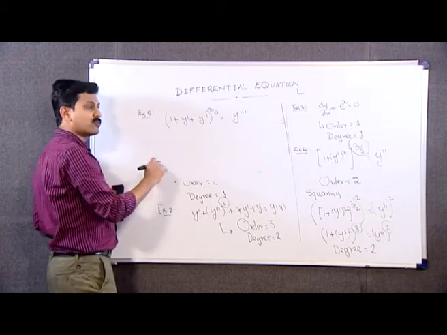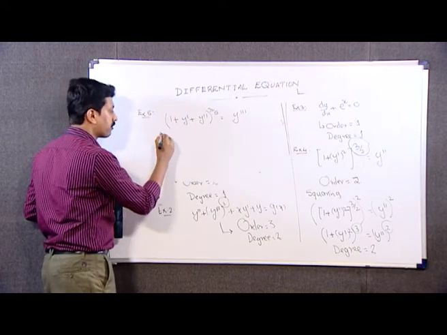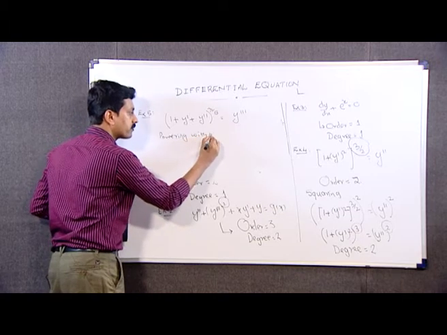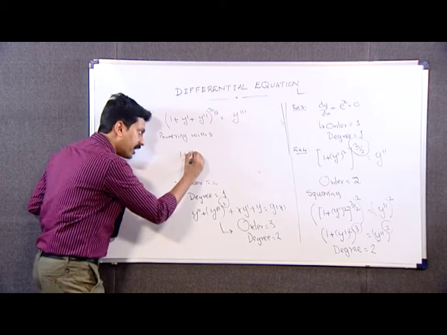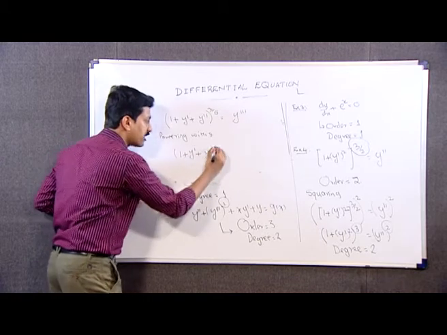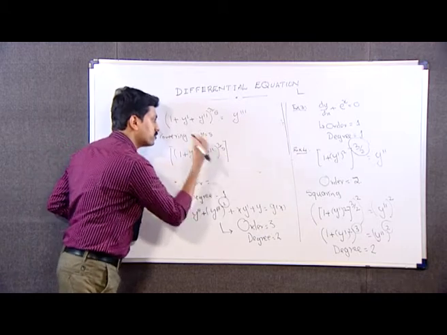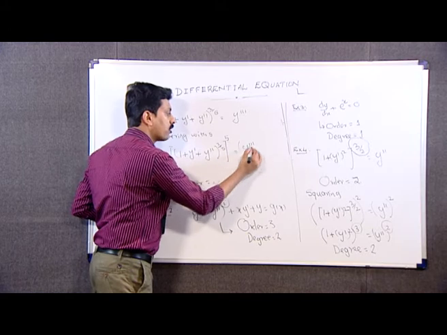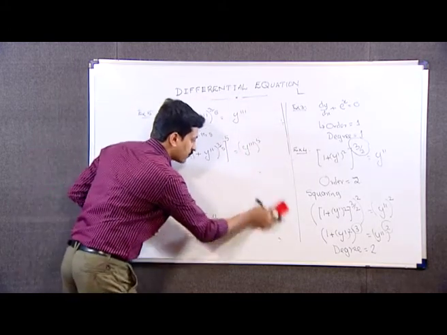So what we need to do is raise both sides to the power 5. Powering with 5, what will happen? (1 plus y dash plus y double dash) whole raised to 3 by 5, whole raised to 5, equal to y triple dash whole raised to 5.